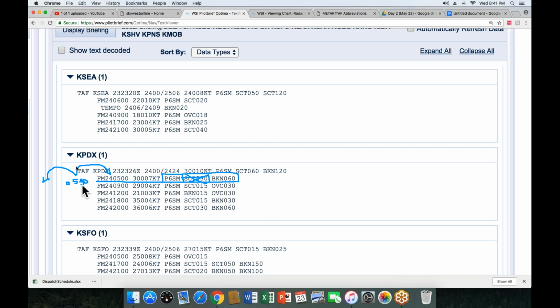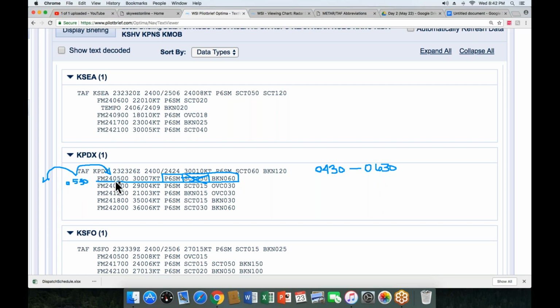What is our ETA window? Hour before, hour after. So 0430 to 0630, we have to have that 3 miles and 2,000 foot ceilings, right?